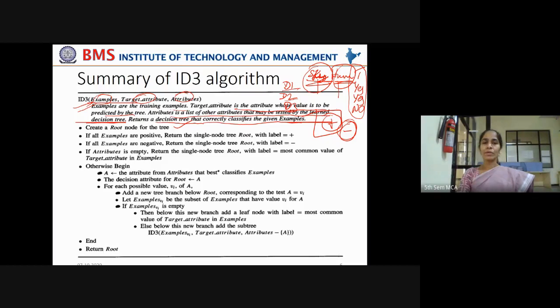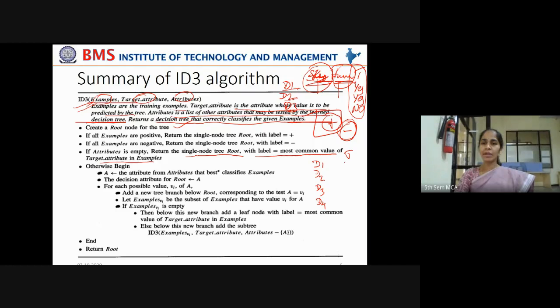Now, if attributes is empty, if no attributes are given in the training examples, then what has to be done? Return the single node tree root with the label of the most common value of the target attribute in the examples. Say this is one extreme condition where you have all the days' data without any weather conditions.